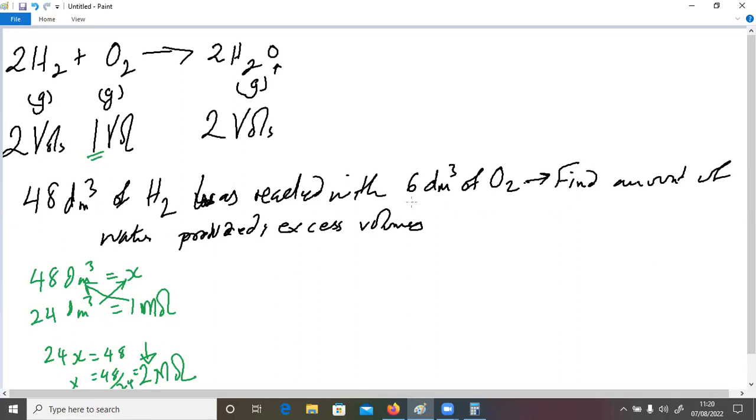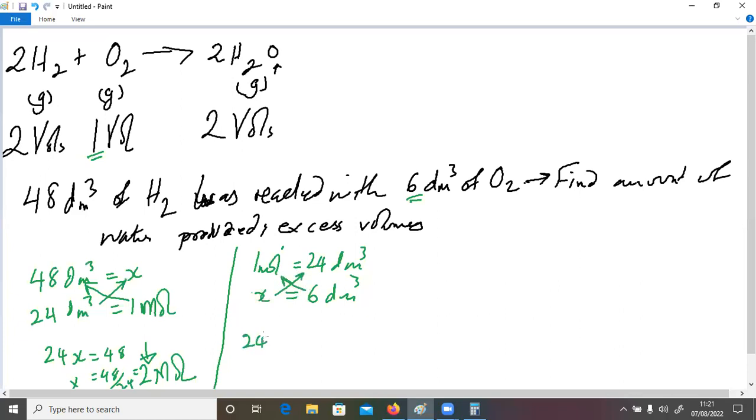But is the 6 dm cubed equivalent to 1 mole of oxygen gas? It's not. It's equivalent to how many moles of oxygen, because that now becomes the limiting factor. So I'll say 1 mole of oxygen is equal to 24 dm cubed. What about 6 dm cubed, equivalent to what, x? Cross multiply like that.